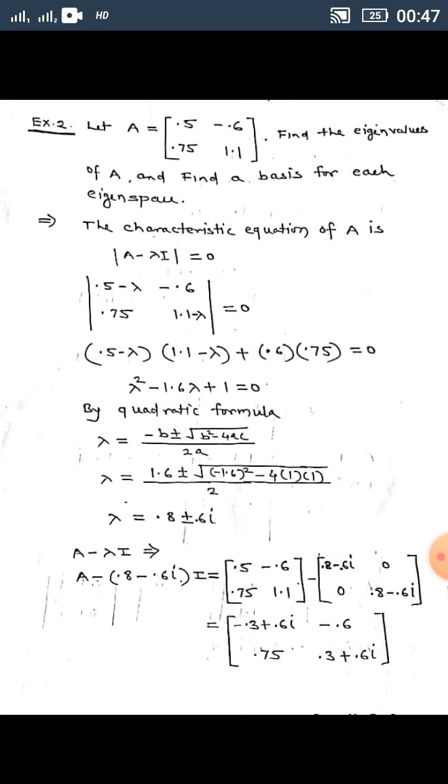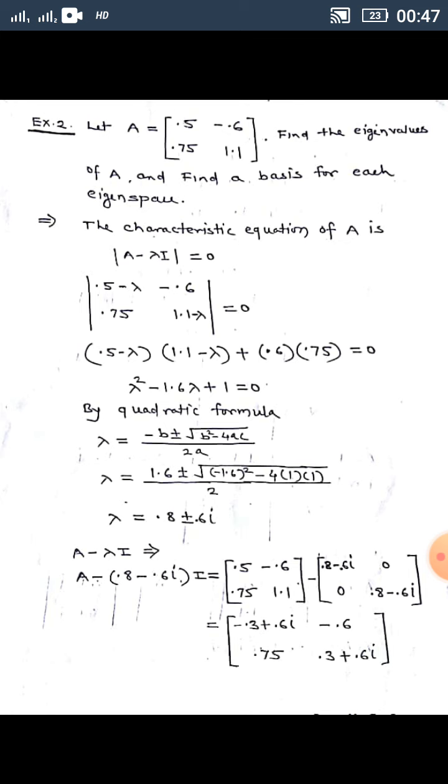Now we subtract A with those eigenvalues. 0.5 minus 0.6, 0.75, 1.1 minus lambda. First we consider the negative eigenvalue, that is 0.8 minus 0.6i.